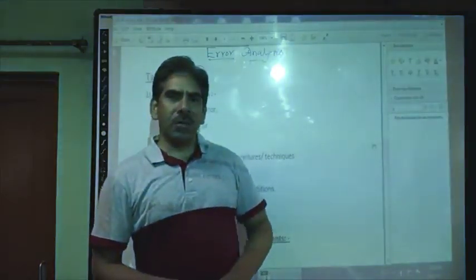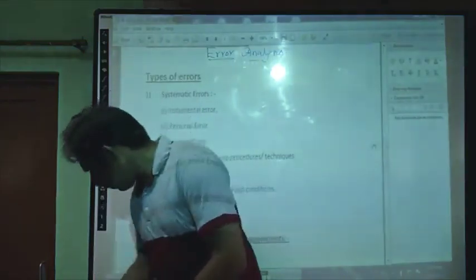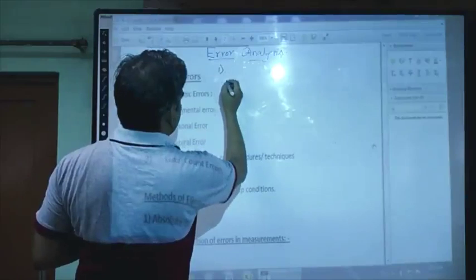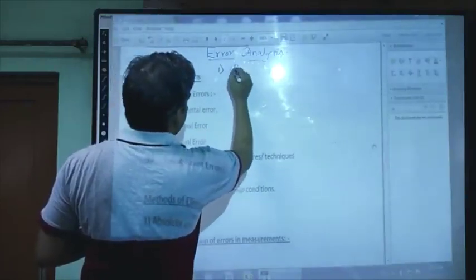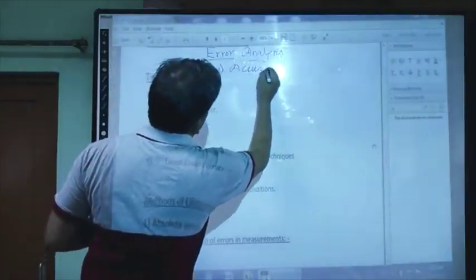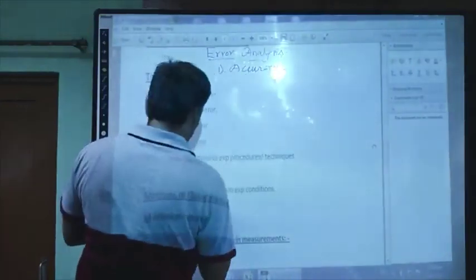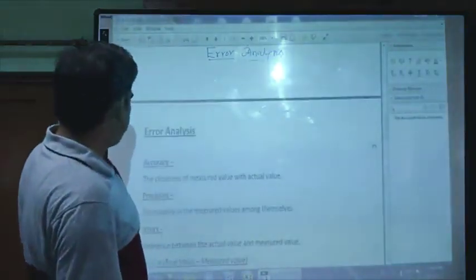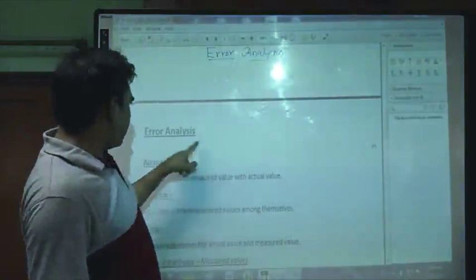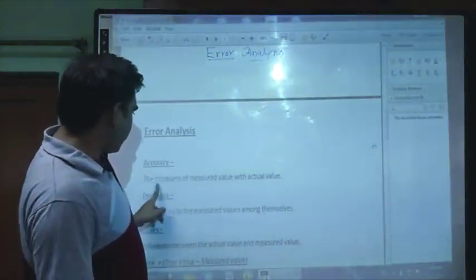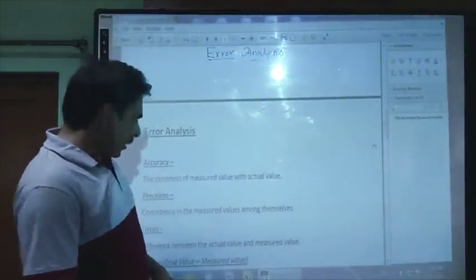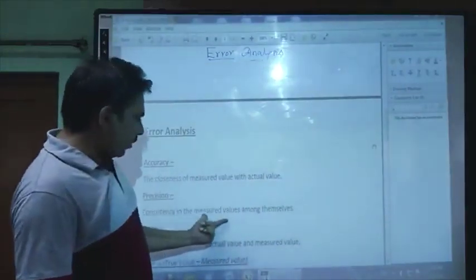And precision, what is precision? So in error analysis, accuracy is the closeness of the measured value to the actual value, and precision is the consistency of the measured values among themselves.